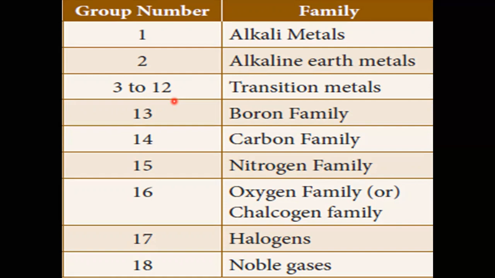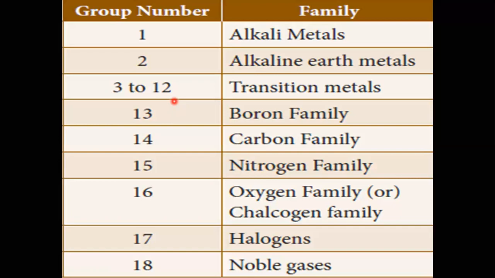Group 13 is called the boron family because boron is at the top of the group. Next one is the carbon family, for the same reason, as carbon is the first in the group. The next one is group 15, called the nitrogen family.